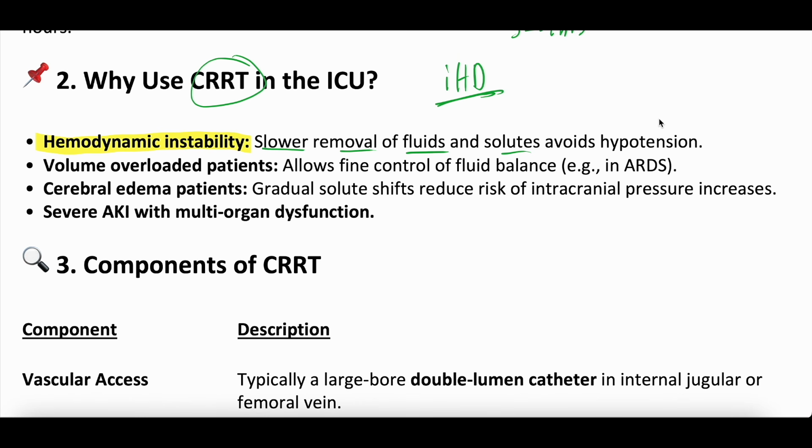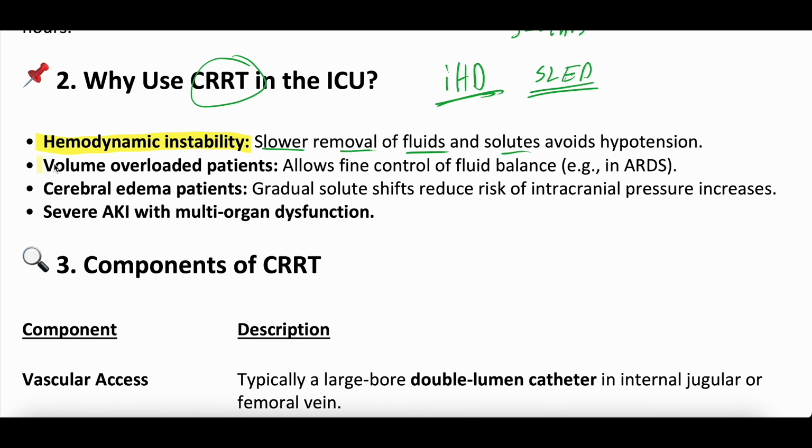Now, make no mistake, those that are critically ill, those on multiple vasopressors, this still can worsen their hemodynamic instability. This is not completely benign from a hemodynamic standpoint, but it is much more stable than something like intermittent hemodialysis or even slow, low efficiency hemodialysis, SLED, which we've talked about in previous episodes. Again, linked in that nephrology playlist in the description of this episode.